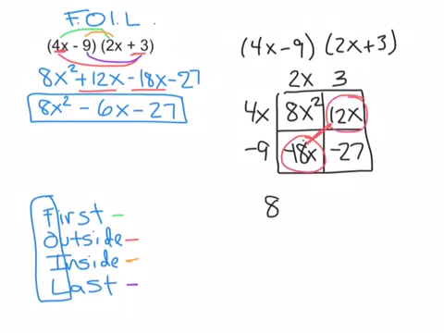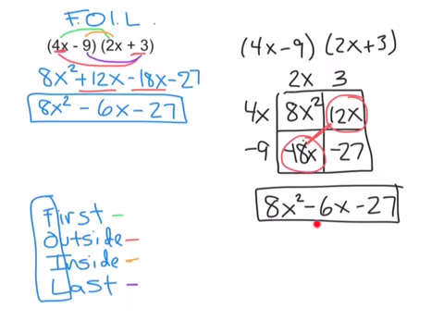So we get 8x squared, and then combining negative 18x and 12x, that's negative 6x, and then minus 27. Again, notice we have the exact same expression as we got over here, just using a different type of organized method. Again, your call. This might feel more organized to you. Whichever one you want to use is fine.